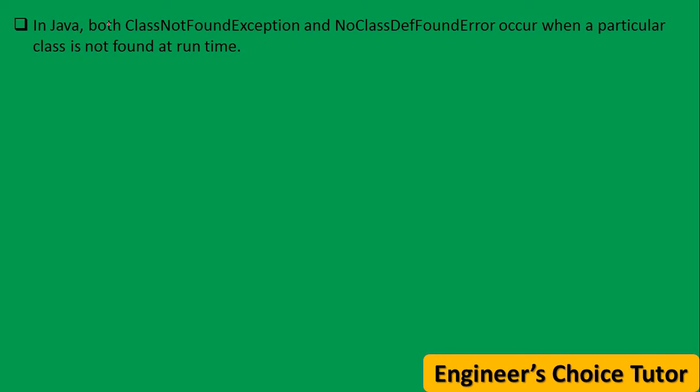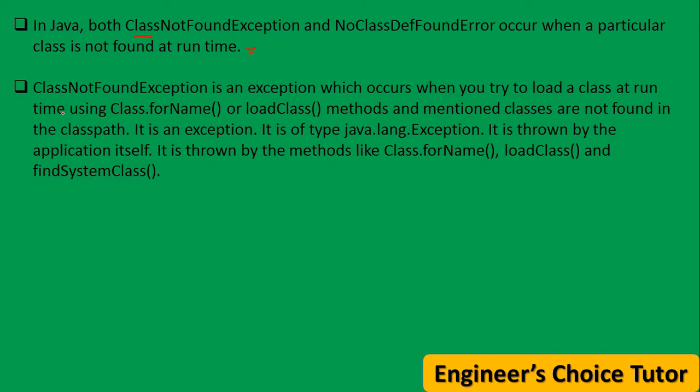So in Java, both ClassNotFoundException and NoClassDefFoundError occur when a particular class is not found at runtime. ClassNotFoundException is an exception which occurs when you try to load a class at runtime using Class.forName or loadClass methods, and the mentioned class is not found in the classpath.